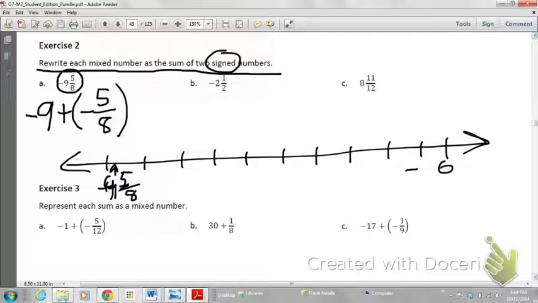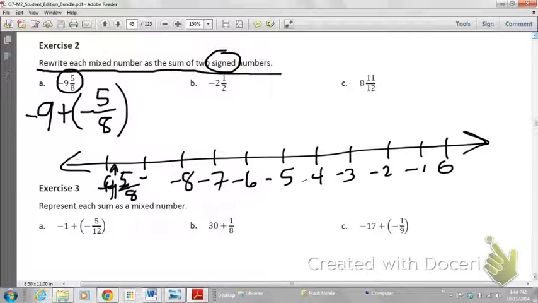Remember, negative 1, negative 2, negative 3, negative 4. I just thought of actually showing this on a number line, just right now. I wasn't thinking to do it before. Did I just do that right? 1, 2, 3, 4, 5, 6, 7, 8. No, yeah, negative 9 there. Okay, so that's negative 9 5/8 right where the arrow is.